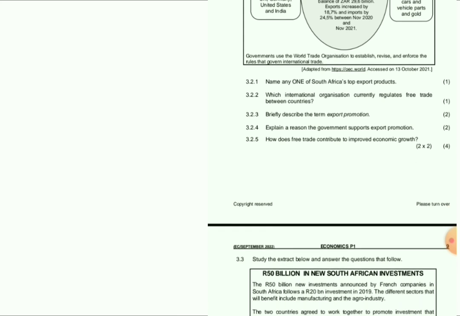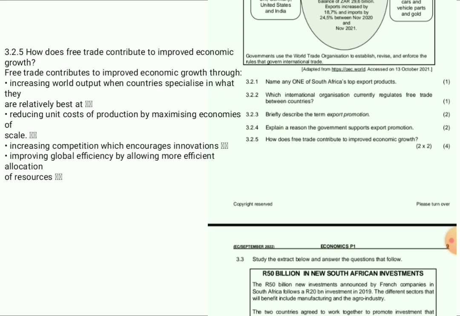How does free trade contribute to improved economic growth? Free trade contributes to improved economic growth through increasing world output when countries specialize in what they are relatively best at, and reducing unit cost of production by maximizing economies of scale.